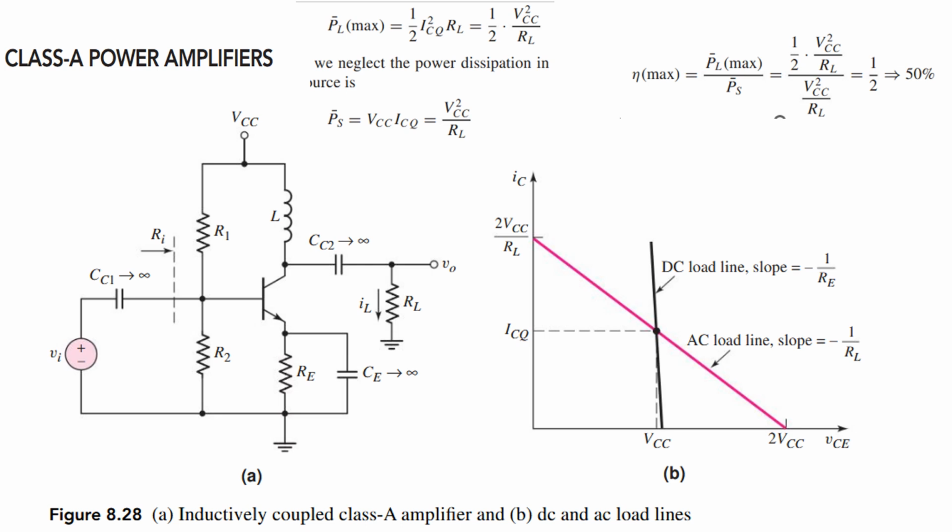Here the power that we are calculating, PL max, is half of ICQ square RL, so this will be V square CC divided by twice RL, and PS, the source power, is simply V into IC, so this will be V square CC divided by RL. Finally the efficiency will be higher, and that will be 50%.